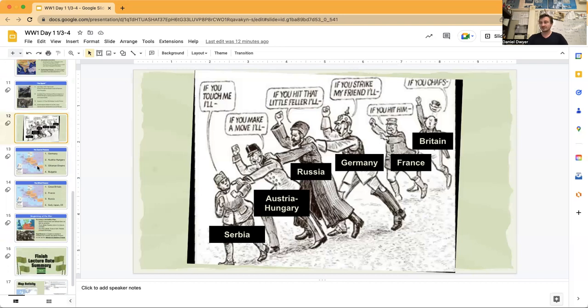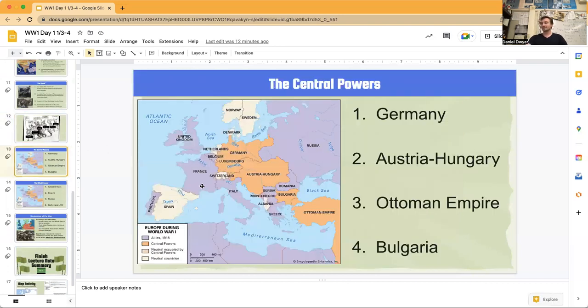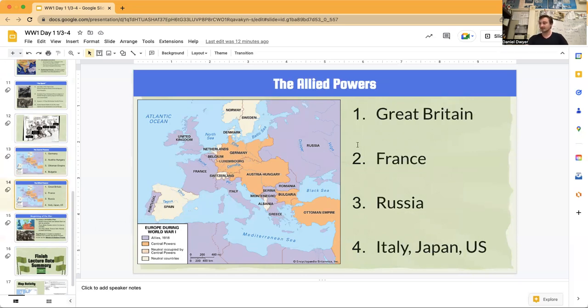So again, we've already kind of gotten into it, but the two main alliances, central powers, so Germany, Austria-Hungary, the Ottoman Empire, which is now Turkey, and Bulgaria. That's going to be the central powers. And then the allied powers is going to be Great Britain, United Kingdom on this map, France, Russia, Italy, Japan is going to be involved, and the United States gets involved.